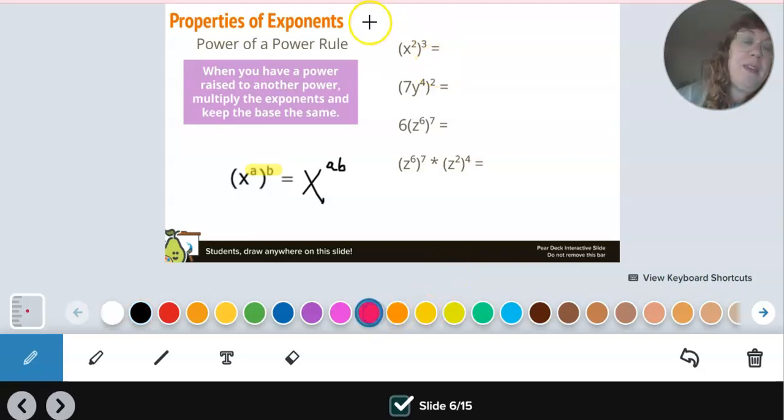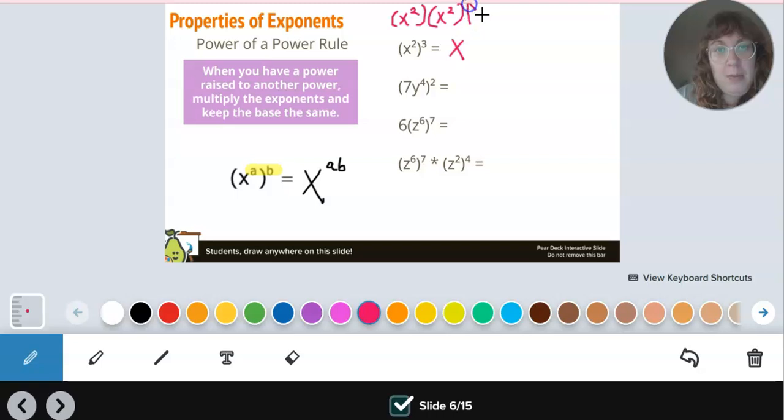So in the top right, we have an x squared cubed. And again, you can break this down visually. This is x squared times itself 3 times. 2, 4, 6 x's. And we can simplify that by just multiplying these two numbers. 2 times 3 gets us 6.